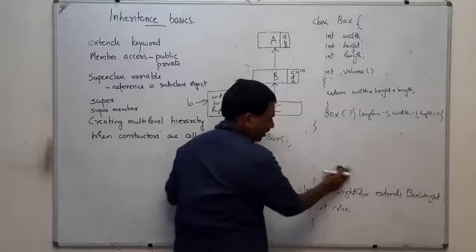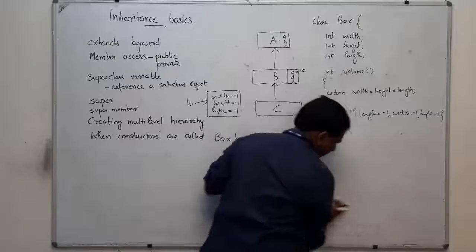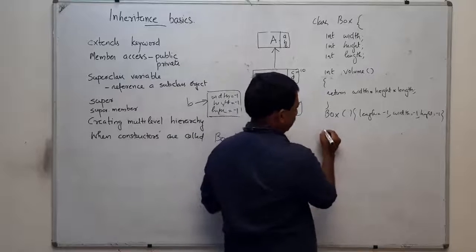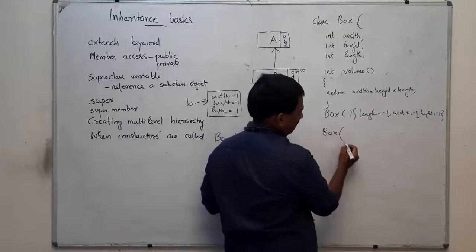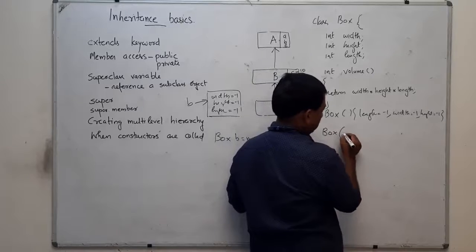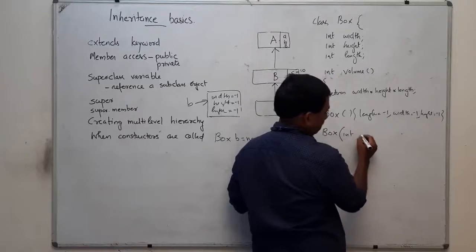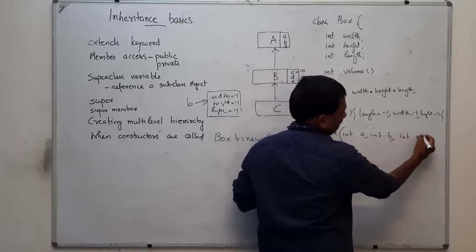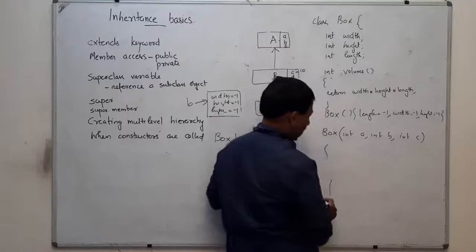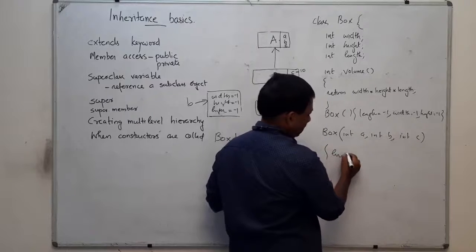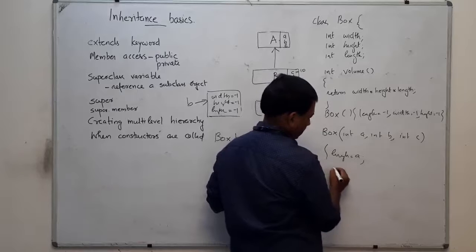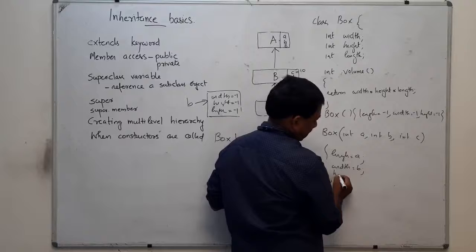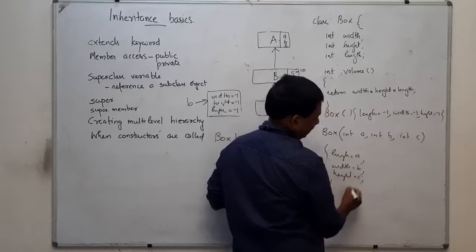Now, if you are having parameters, I am going to have a new constructor Box. Here we are passing int A, int B, int C, and here I am going to have length equal to A, width equal to B, height equal to C. What will happen?